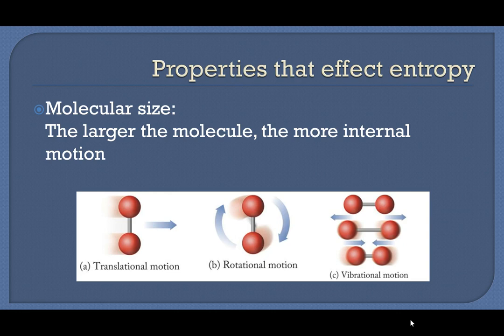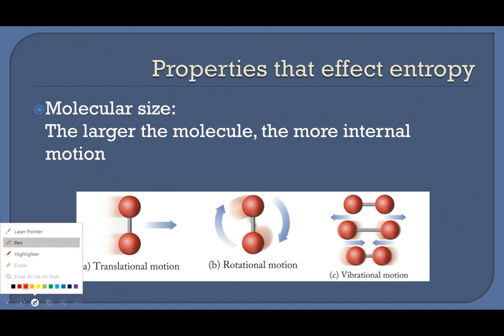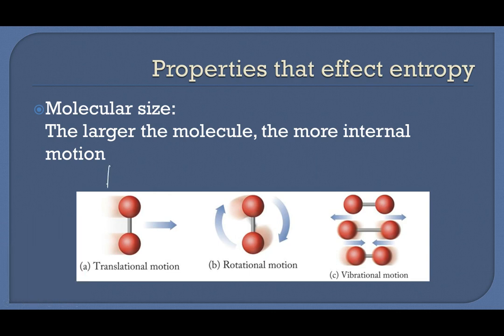So if we think about the following two molecules, H2O versus H2Te, what do these two particles have in common? Both of them have two hydrogens. Both of them are bent molecules.